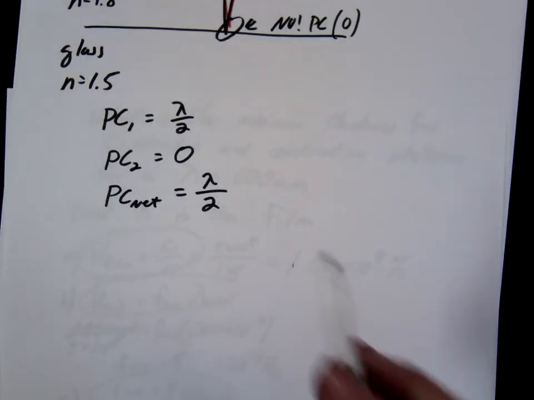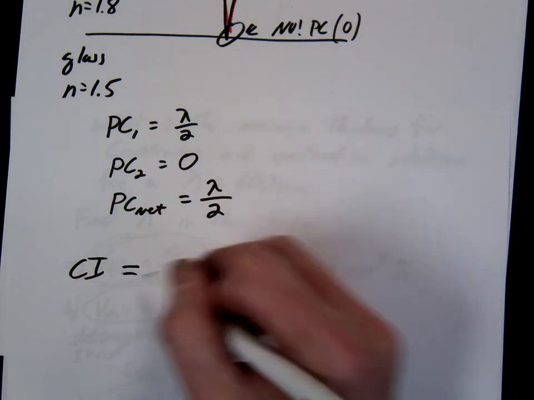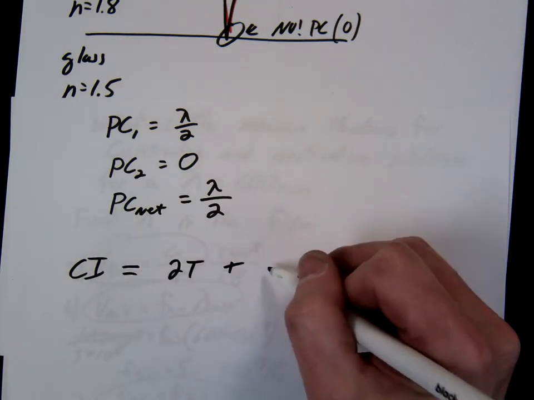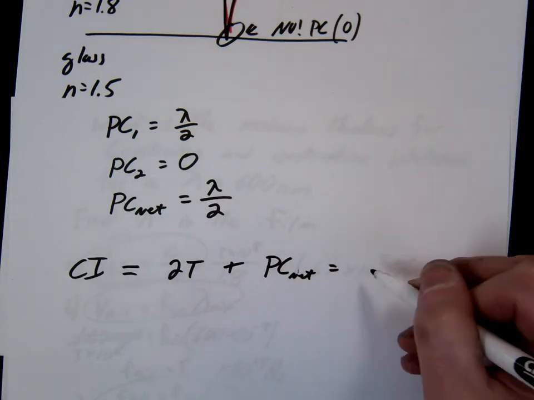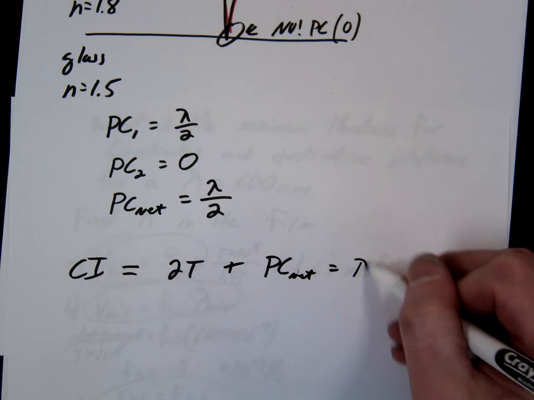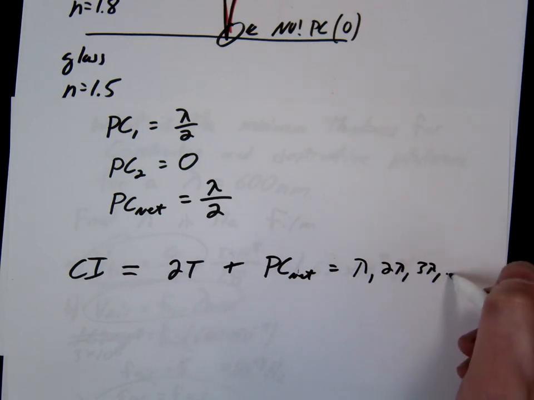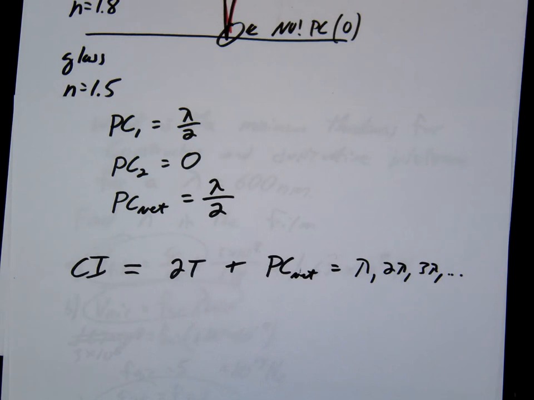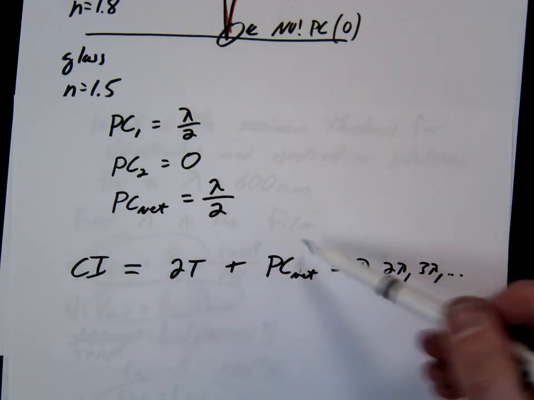Let's find CI first. Remember, the equation for CI is 2t plus the phase change net equals 1, 2, or 3, or whatever, times lambda. So just remember, like the concept of the last 3 days, when it's a full wavelength path difference, it's constructive. And then we're just going to account for the phase change.